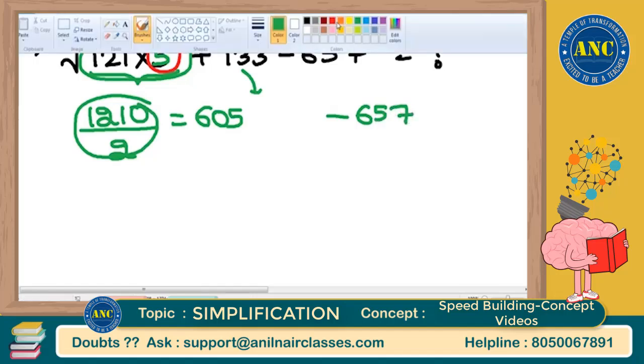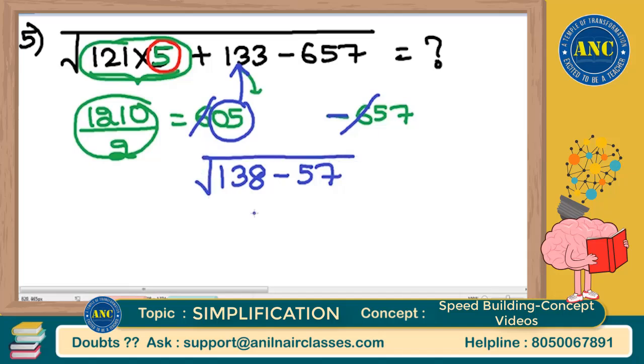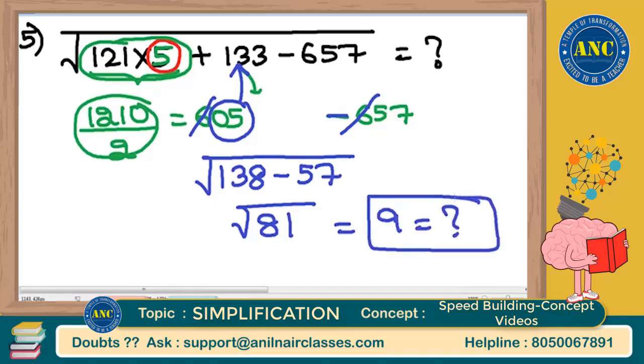Can I simplify? Don't keep writing everything and waste your time. You are my students. You are ANIL NAIR class students. 600 minus 600 cancels. You are left with 05. Add this 05 with 133, I will get 138. Here I have minus 57. This is how I want my students to solve. 138 minus 57 is 81. The square root of 81 is 9, and that is the question mark. 9 is the value of this answer.